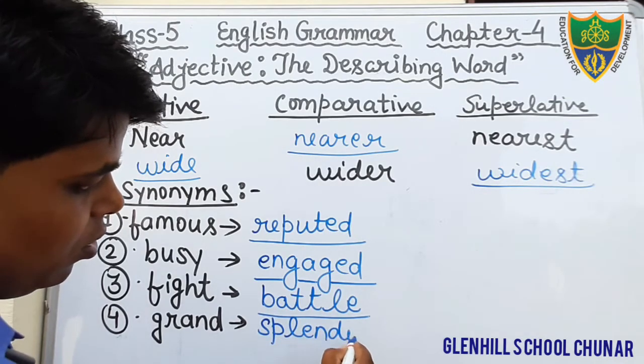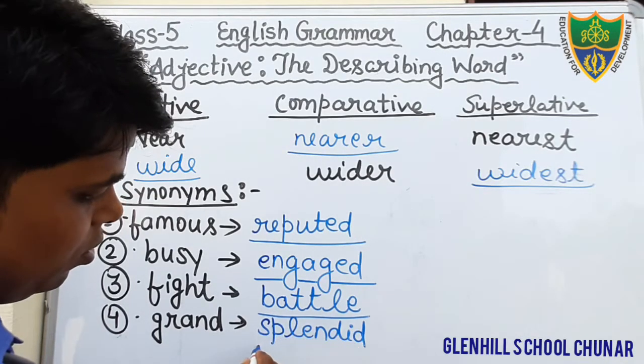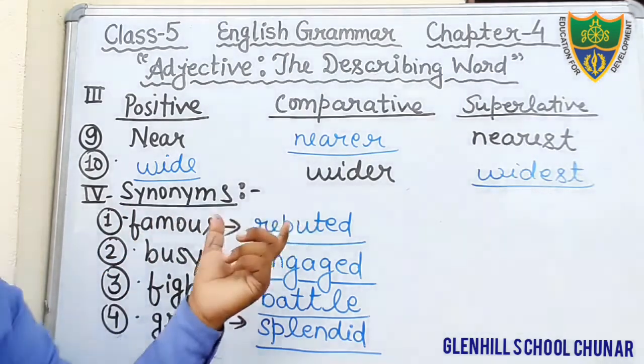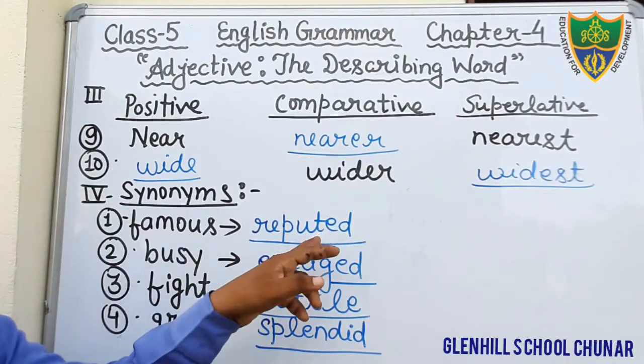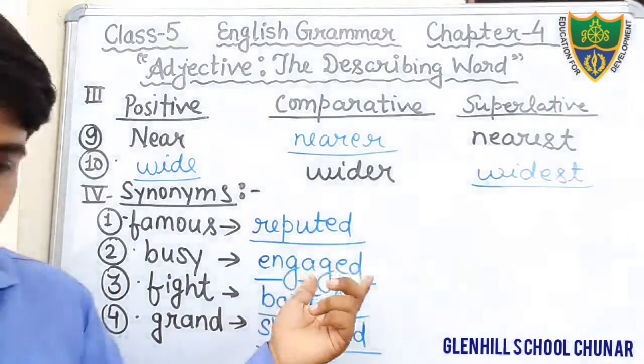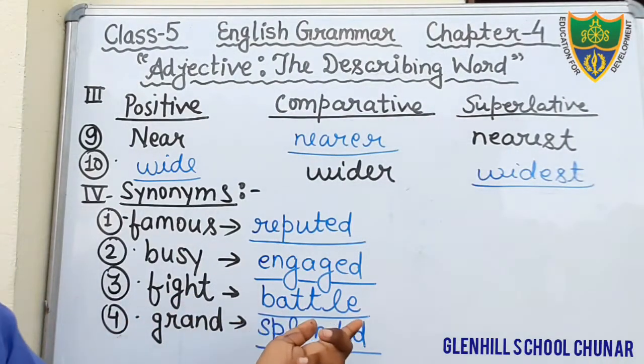Splendid. Just write down the word splendid. Okay, students, just see. The synonym for the word famous is reputed. For the word busy, that is engaged, fight, battle, grand, splendid.